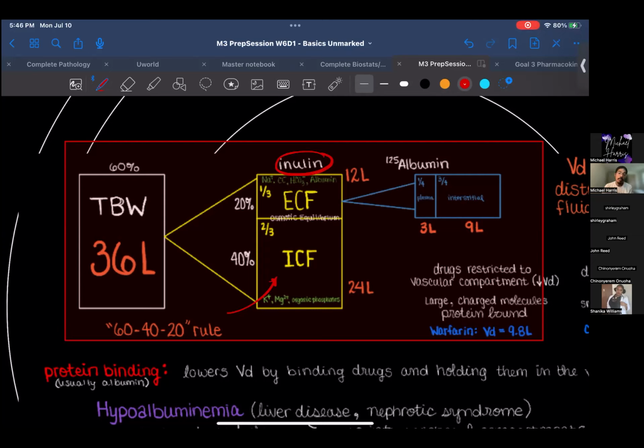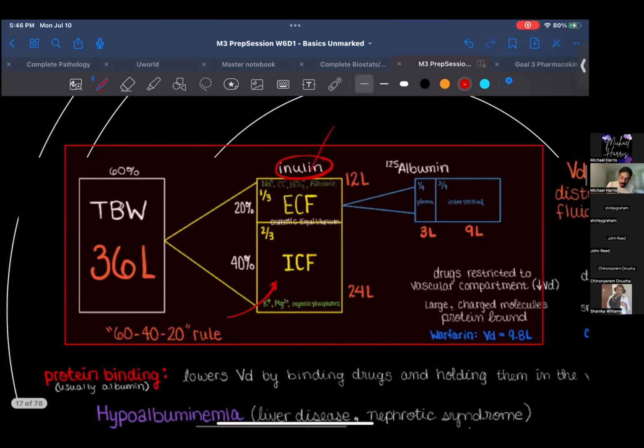No, there's no marker out there that we utilize to measure the intracellular fluid. Instead, we take the extracellular fluid volume and the total body weight volume, and we subtract them to get the intracellular fluid volume. Okay? And that's essentially how we do it.